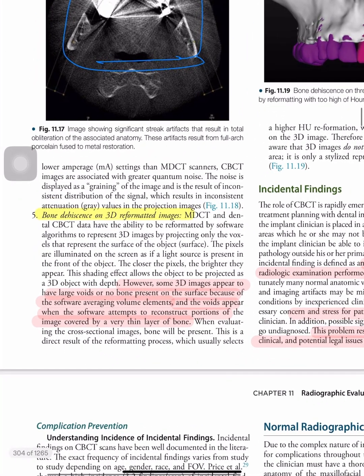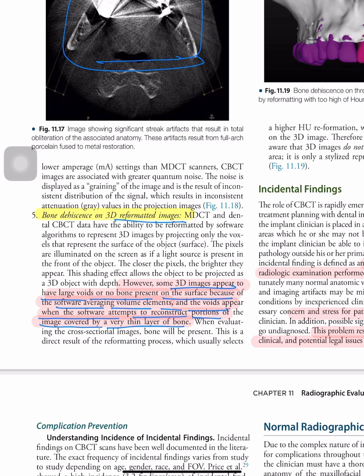Now let's talk about bone dehiscence on 3D reformatted images. Some 3D images appear to have large voids or no bone present on the surface because the software averages volume elements, and the voids appear when the software attempts to reconstruct a portion of the image covered by a thin layer of bone. In the case of the maxillary anterior region, it usually happens. I will show you on the video when I do it.